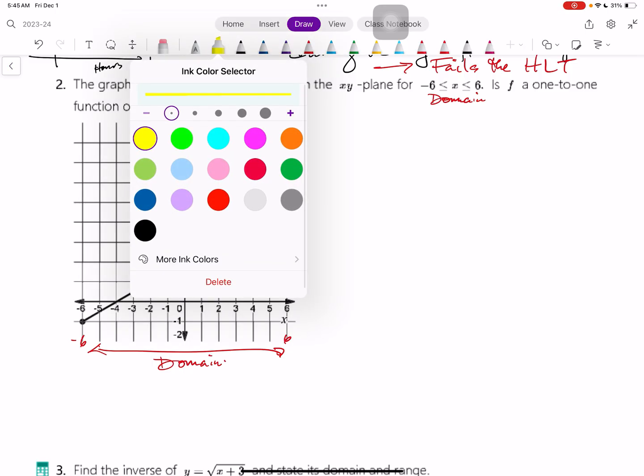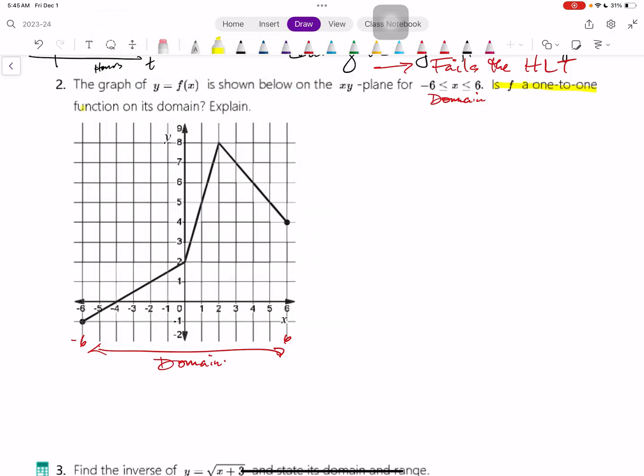Based upon what I just said a minute ago, it's not, because it fails the horizontal line test a bunch of times. I don't care where you draw a horizontal line. If you can draw a horizontal line anywhere and it intersects the graph at more than 1 point, it fails, and it's not 1 to 1. So it fails the horizontal line test.